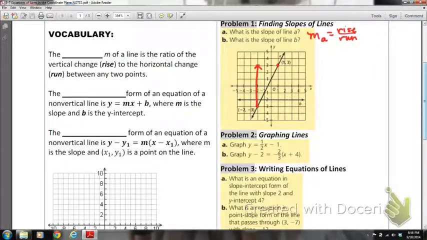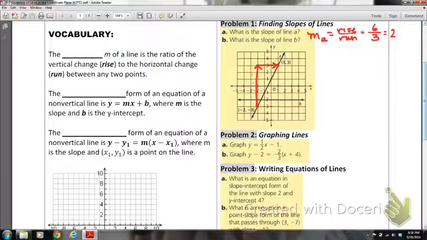And then to go right is a positive change in x. So we had to go up 1, 2, 3, 4, 5, 6 units. So the rise is 6. And then we had to go right 1, 2, 3 units. So the run is 3. And so we'll write the slope as 2. The slope of the line is 2.